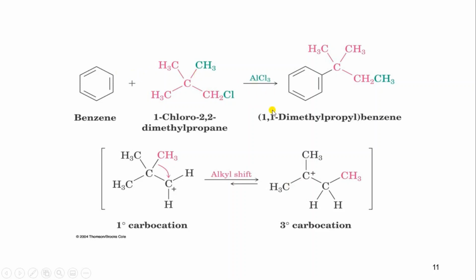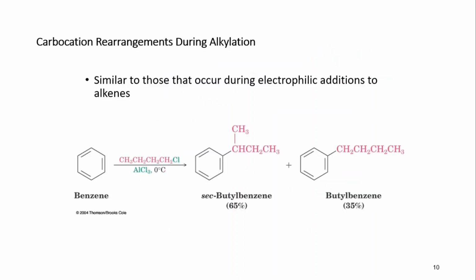Slide number 47. But if you look at slide number 46, where the n-pentyl chloride has been treated, in this n-pentyl chloride you can see that instead of the primary carbocation, there is a formation of the secondary carbocation. Why?